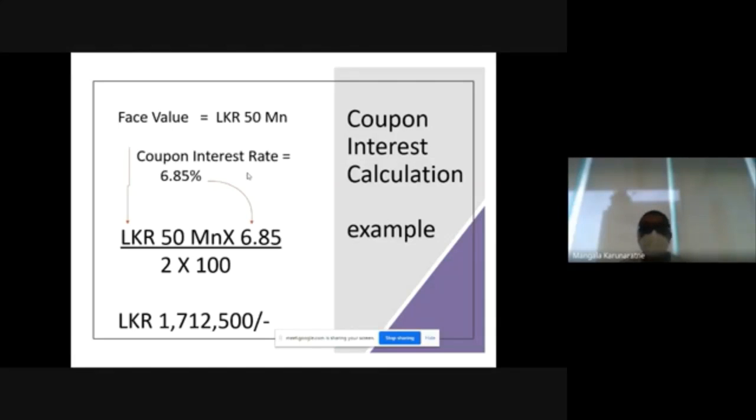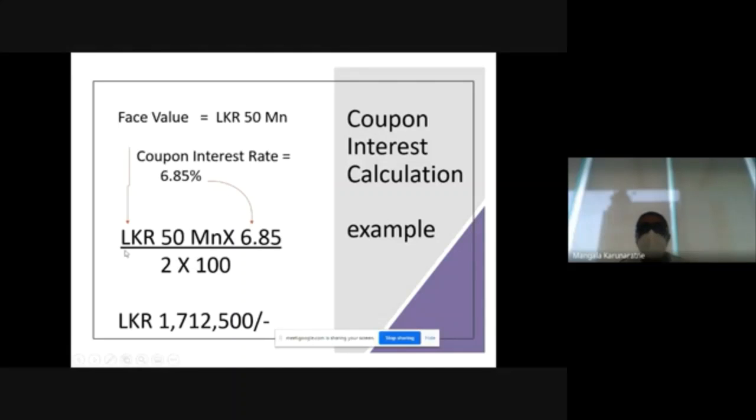Face value LKR 50 million into 6.85, and why is this 100? Because it's a percentage, so it's 6.85 over 100. That is why I have put 100 here and divided by 2.